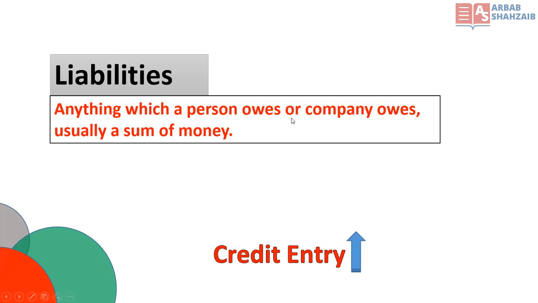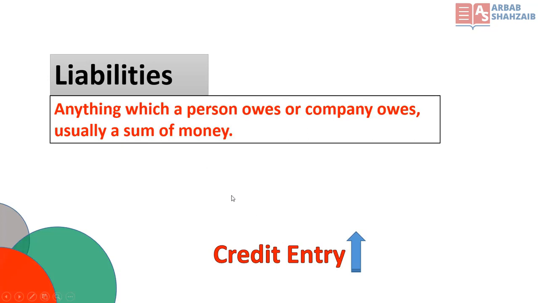For example, individually I owe something to someone, or a company owes something like money to a person, that is a liability. Usually it is a sum of money, but sometimes people owe inventory or items, so they have to repay them. Whenever we record a liability in the business, it is a credit entry.